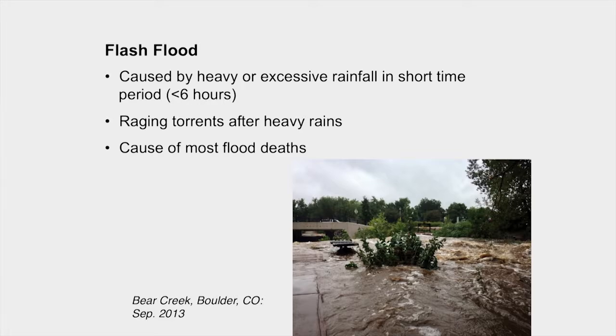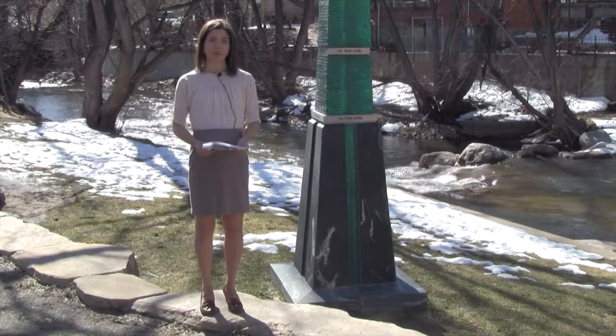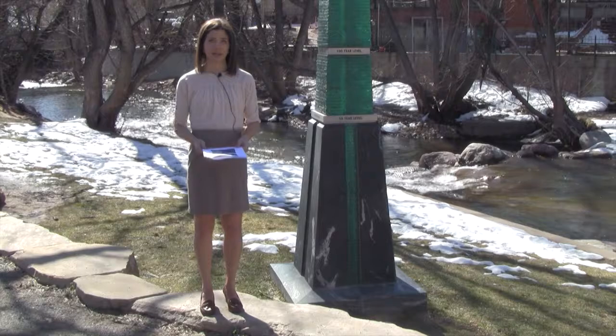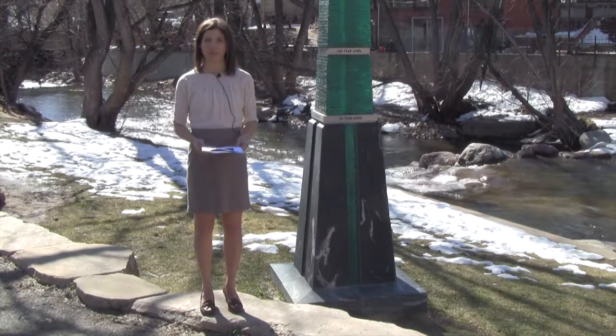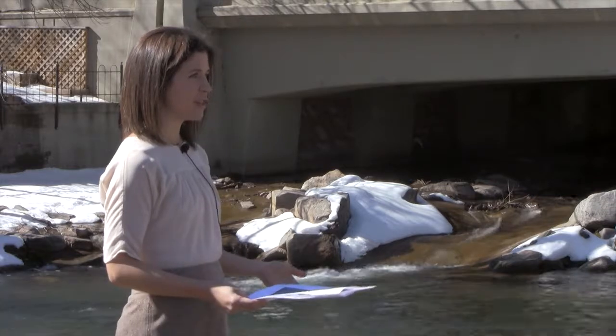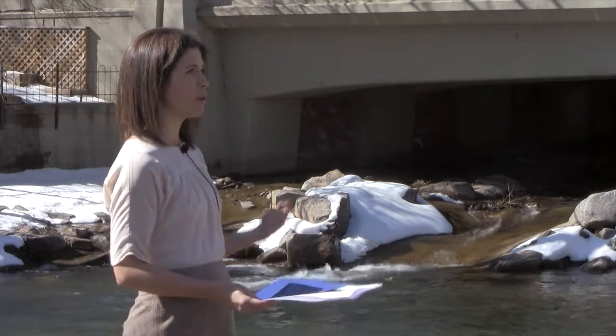Talking about a couple of causes and main components of flash flooding, we obviously need a heavy or excessive rainfall event to give us that flood. But when we talk about that amount of precipitation falling, we can think about it in terms of both intensity and duration. The intensity of rainfall is simply the rate at which it falls.